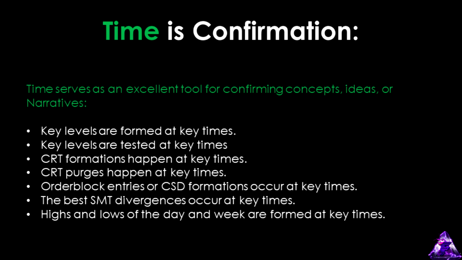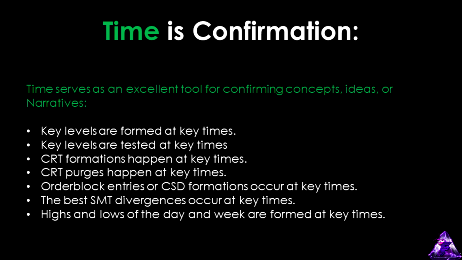If you're looking at the yearly or monthly chart, you can use quarterly shifts and seasonal tendencies as your filters. If you're analysing the daily range, you can use kill zones and other key times to focus on the key levels formed within these periods. Similarly, key levels are tested at key times, just like they are formed at key times.